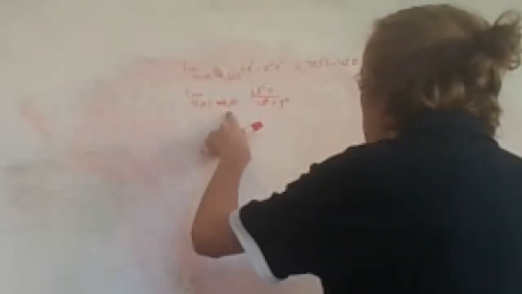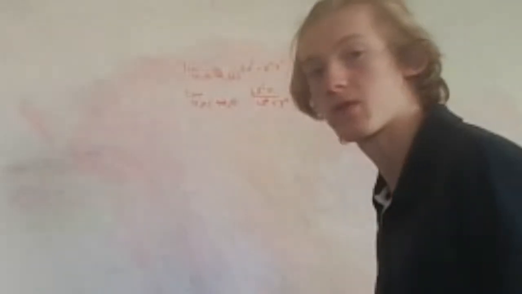Now this next one, I see plugging in values we're going to get 0 over 0, which is not good. We don't like 0 over 0.